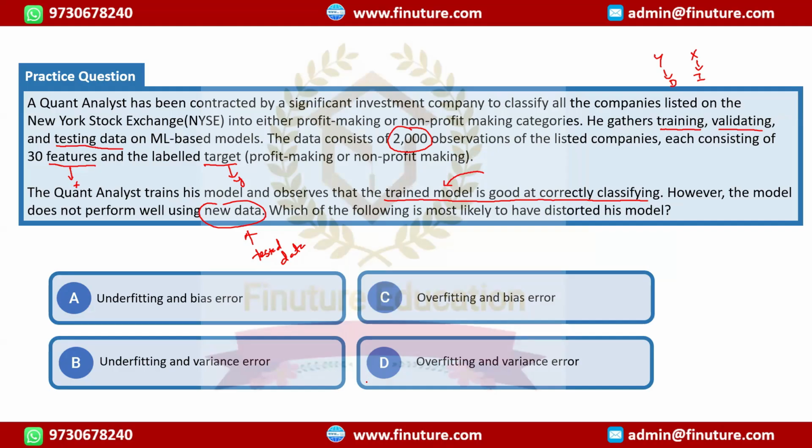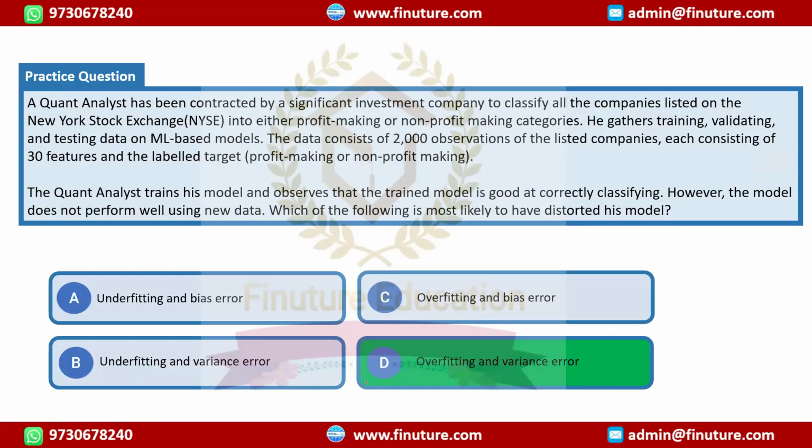This is a clear indication of overfitting with higher variance, because there is a trained data versus tested data problem. Overfitting does not even have a bias problem because your model worked well on the trained data. So the correct answer for this question is D.